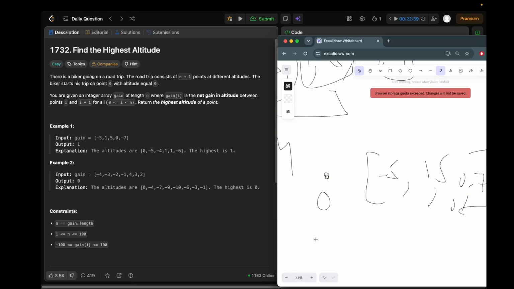So net gain between i equal to 0 and i equal to 1 is minus 5. So we start at 0, minus 5, we get minus 4, and then we get 1.